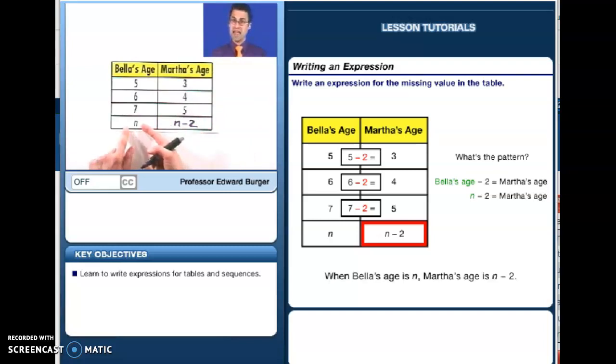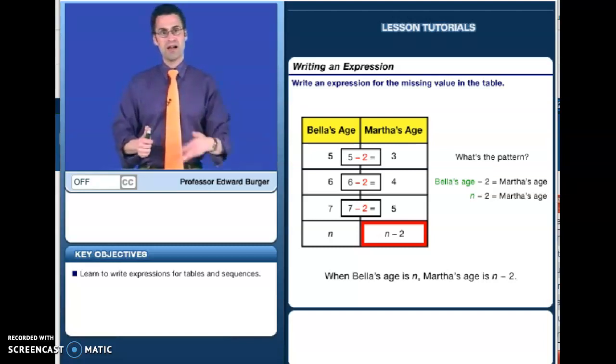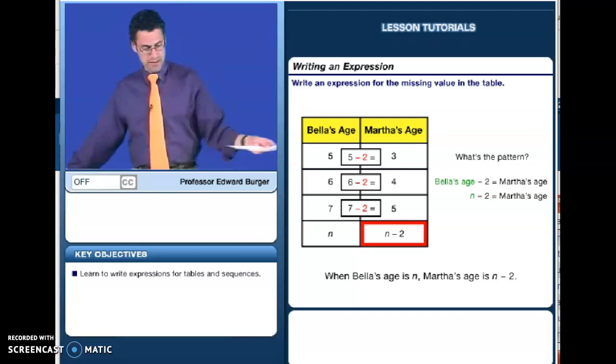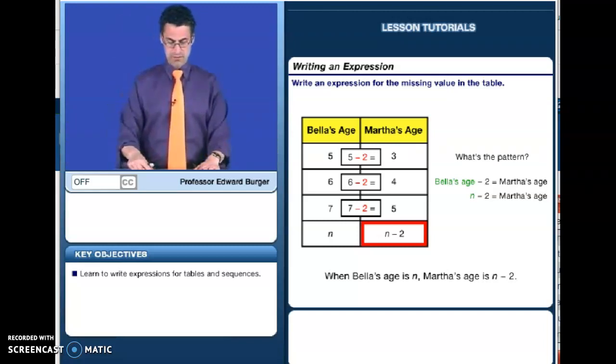So if someone says, hey, Bella is 16, we can actually immediately say what Martha's age is going to be. We just plug in 16 for n, and we see 16 minus 2, or we see 14. Very, very cool. That is the power of finding a formula, finding a pattern in a table of data.